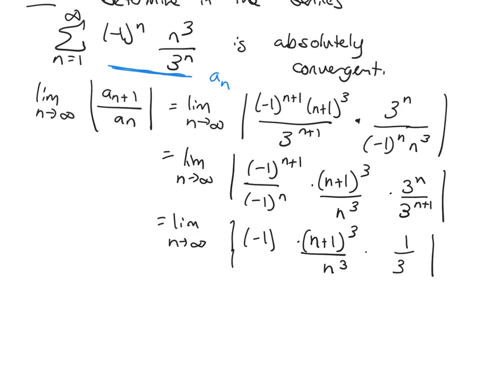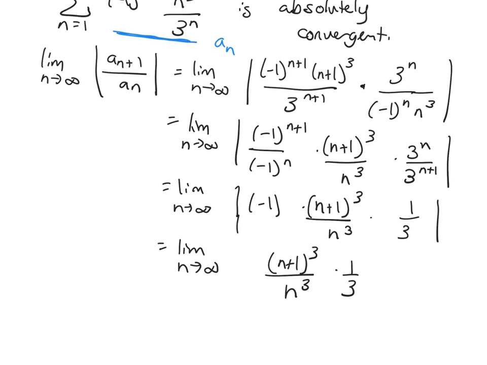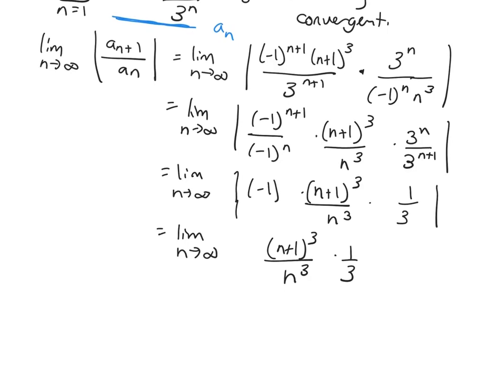So I have a product now. I take the absolute value. The absolute value of negative 1 is 1, so it goes away. And then everything else is positive. I can go ahead and pull this constant 1/3 all the way out to the front.